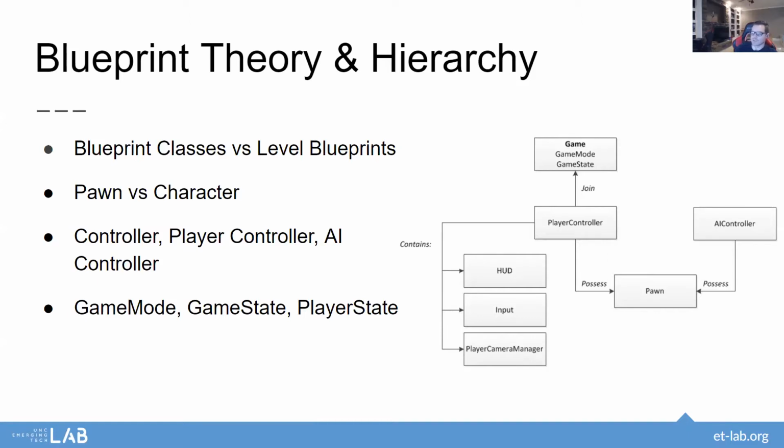You can use them multiple times and change different variables between them, whereas a level blueprint is just static for that level and only that level. You can create multiple levels and then have multiple level blueprints for separate levels, but they will only ever affect that singular level.